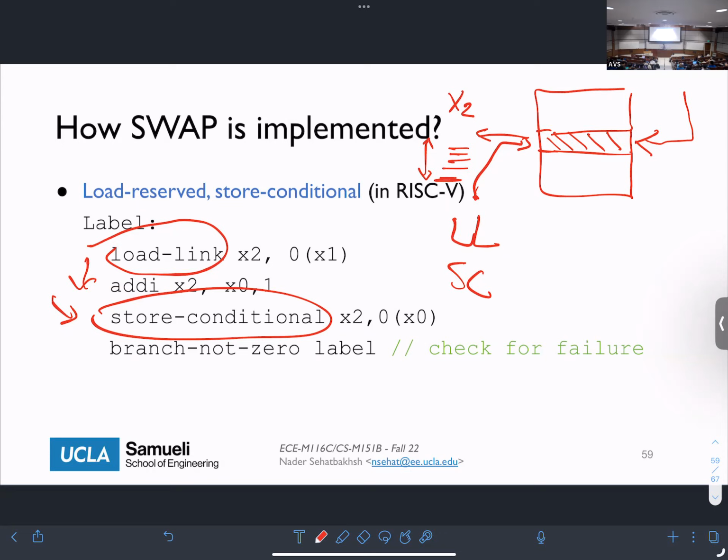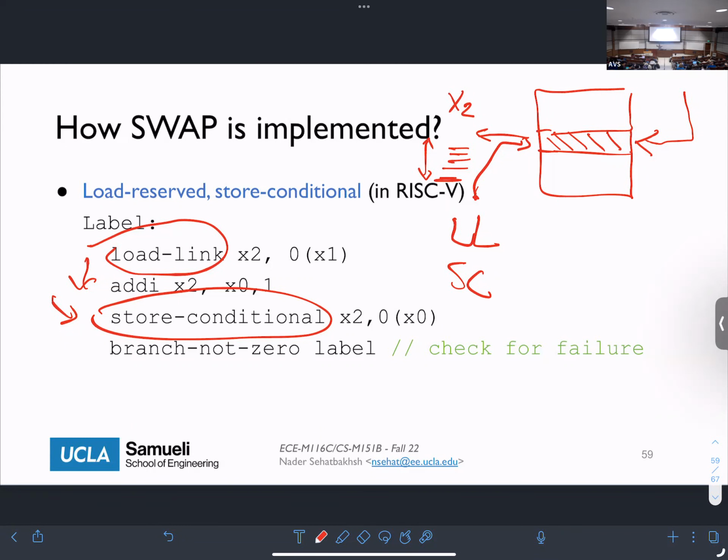All right. So it's not a regular store, regular load. The difference is I'm loading similar as before. I'm just going to that address, bring that data, but I'm also going to remember what I read. And when I want to store, I'm going to check whether this is still the same value as before or not.